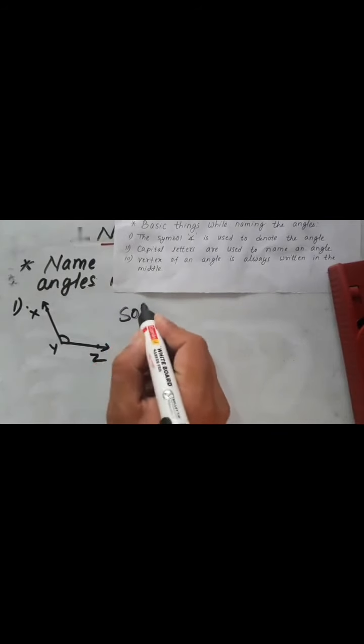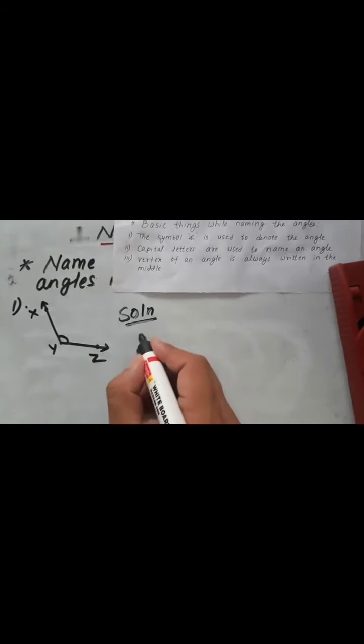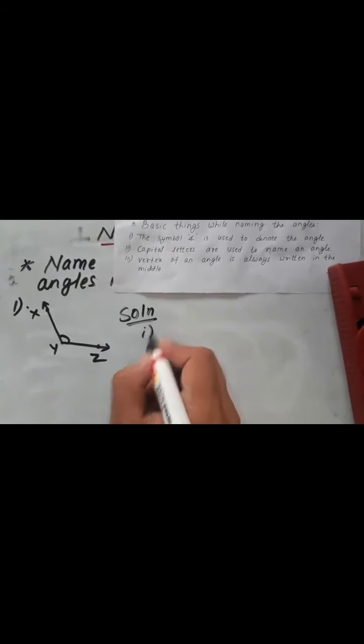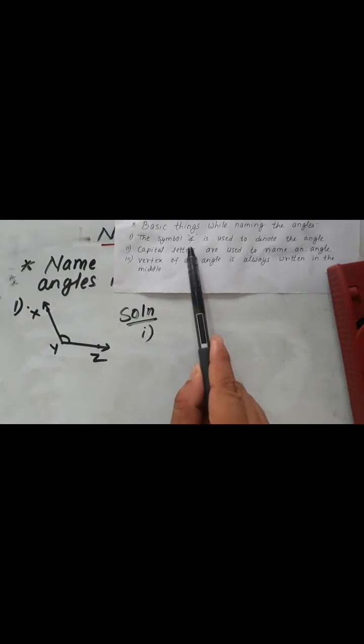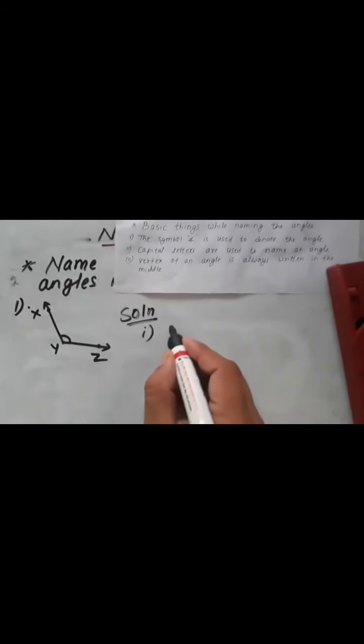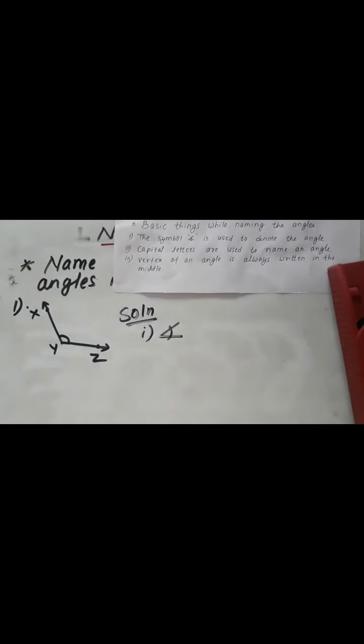So let's see the solution. While naming the angle, the very first thing you need to consider is you should keep the symbol of angle. The symbol of angle is this.